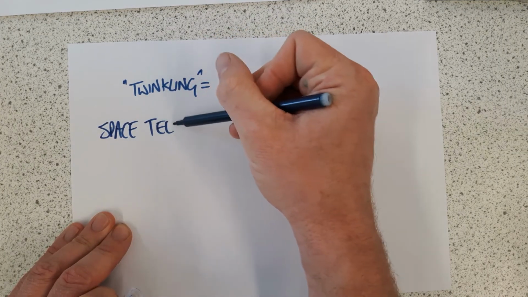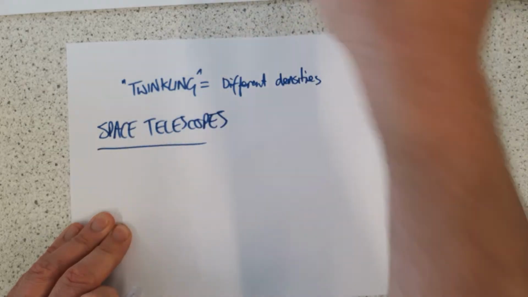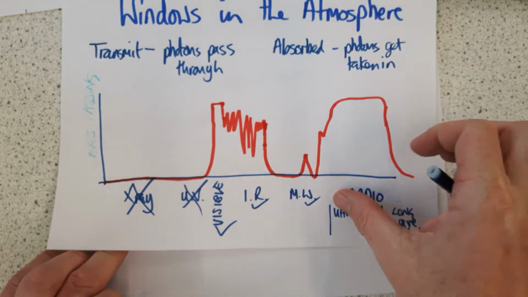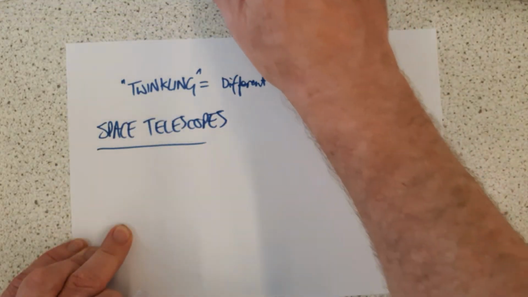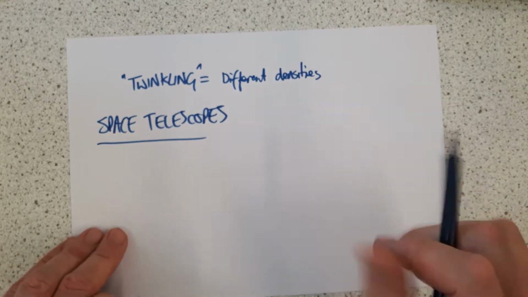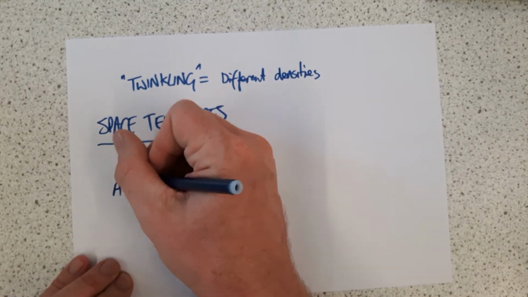So space telescopes overcome all of these problems of selective absorption of different frequencies, but they do have their own issues. On the plus side, there is no atmosphere in the way.